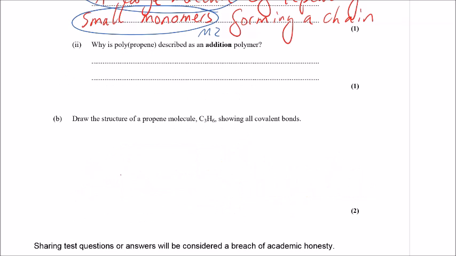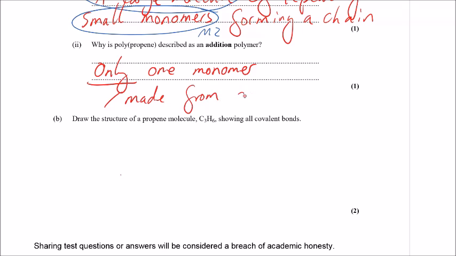Why is it described as an addition polymer? There is only, and that word is important there, 1 monomer. You could also say made from alkenes.